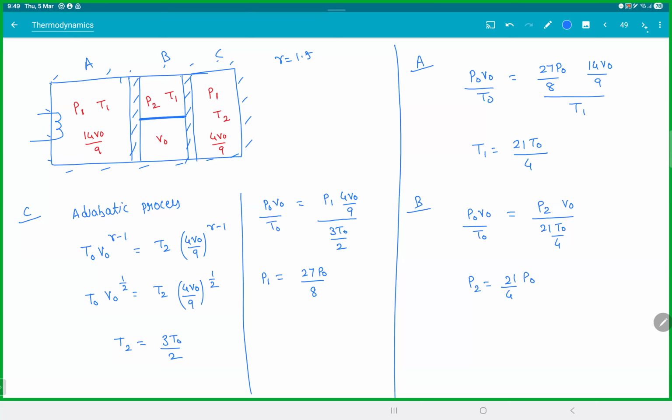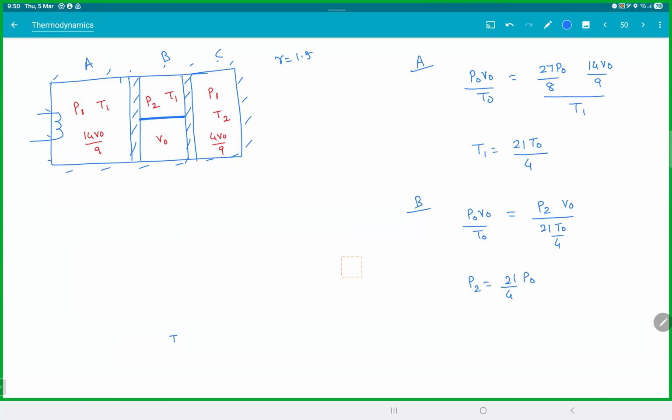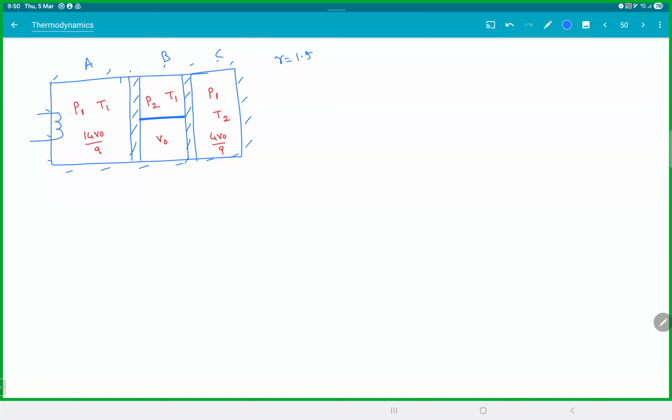Now, let's draw the flow diagram, okay? So whatever heat the heater is giving, first this will go to compartment 1. And what A will do?